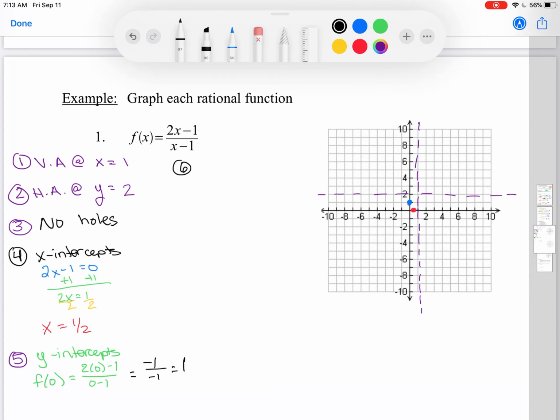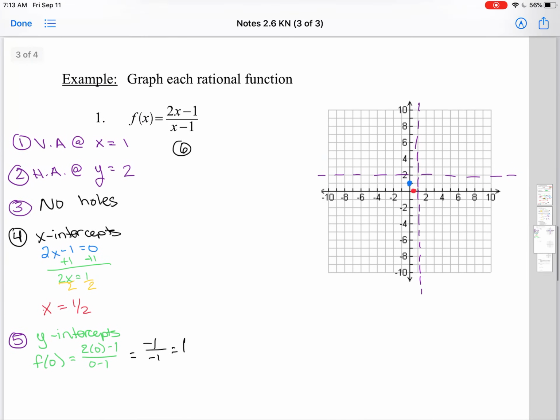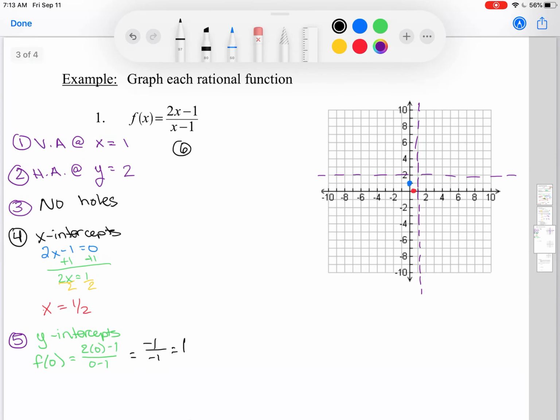All right, so right now, before I get to step 6, I'm going to show one of my graphs. Rational functions are going to be 2 parts. So right now, if I connect the dots that I have here, it's going to look like this. And everything is approaching your vertical asymptote and your horizontal asymptote. They're never going to cross over like that.